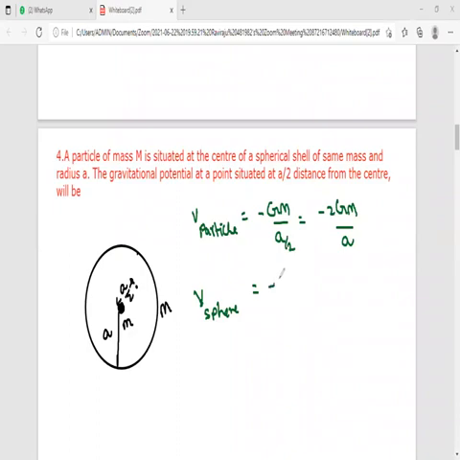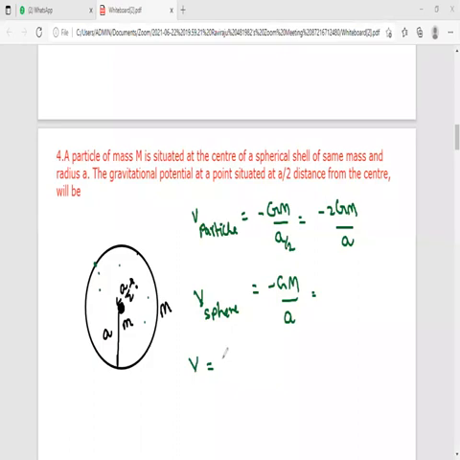So what is the potential on this? That is minus GM by r, means that is the radius only, radius A. Because whatever the potential the hollow sphere is having on the surface, the same potential it maintains at any point inside, since potential remains constant. So it will be minus GM by A. And then you have to find out total potential. Total potential means the sum of these two.